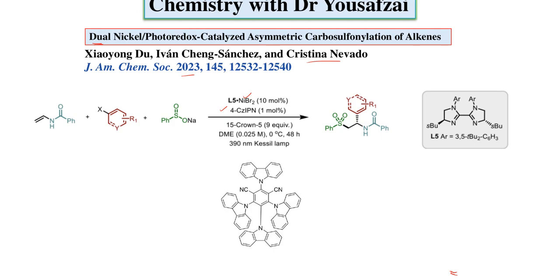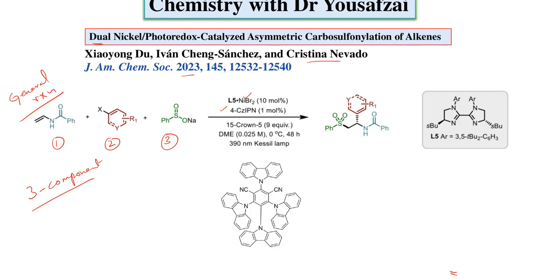And if we look at the general reaction, this is the general reaction. In this general reaction, three different reactants were used. The first one is olefin, the second one is aryl or heteroaryl halide, and the third one is sulfonate. As three different reactants were used in this reaction, it is a three-component reaction.